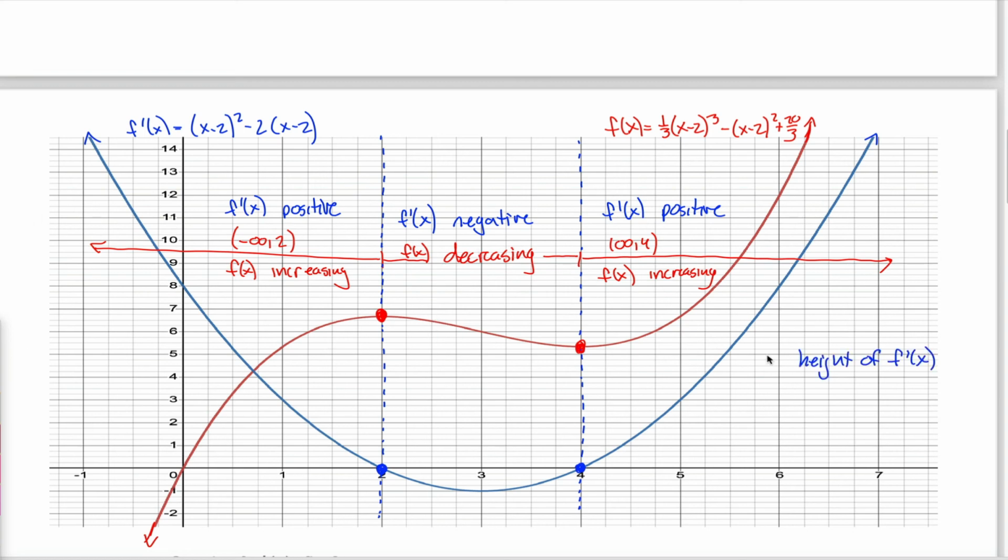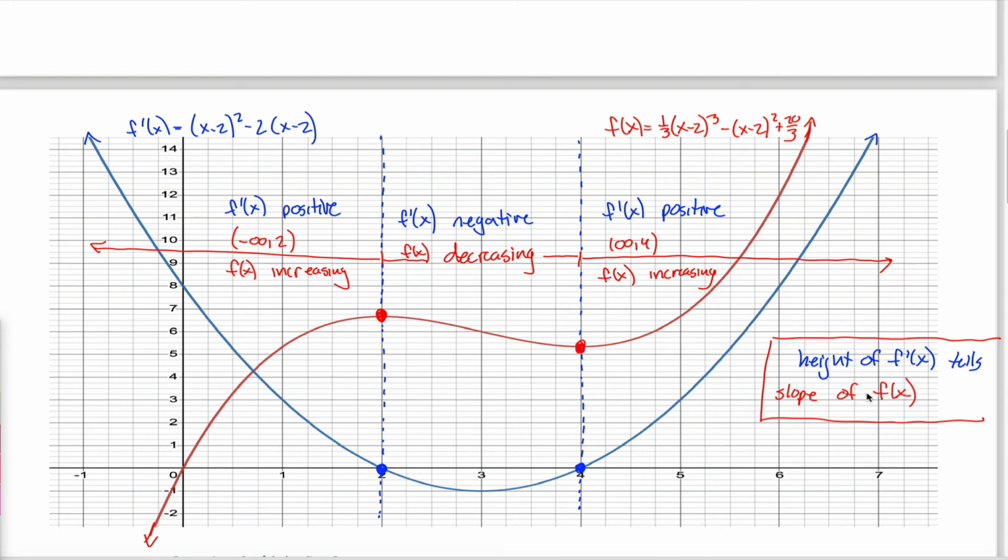The height of the graph in blue, the height of the derivative, tells you the slope of your function f of x. When the height of the graph in blue is a positive number, the graph in red is going up.